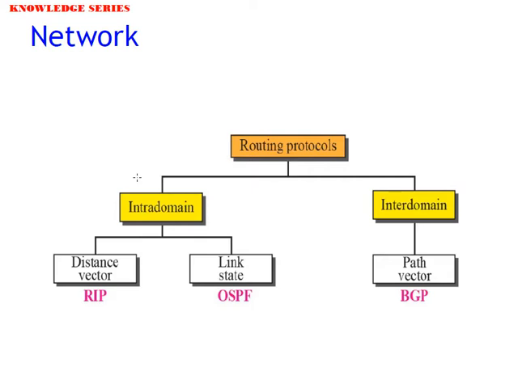The intra-domain section is nothing but interior gateways, and the inter-domain is nothing but exterior gateways. In the intra-domain, there are two types: one is distance vector, another is link state, and in the inter-domain there is path vector. So we are going to see the distance vector in this segment of discussions.